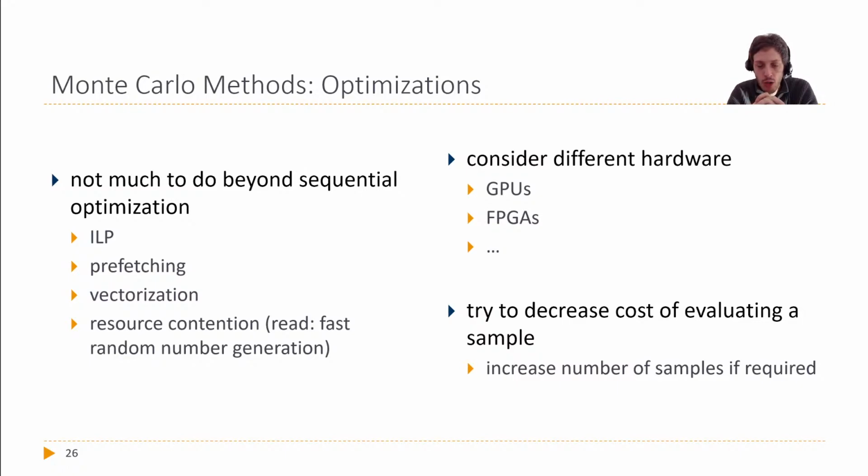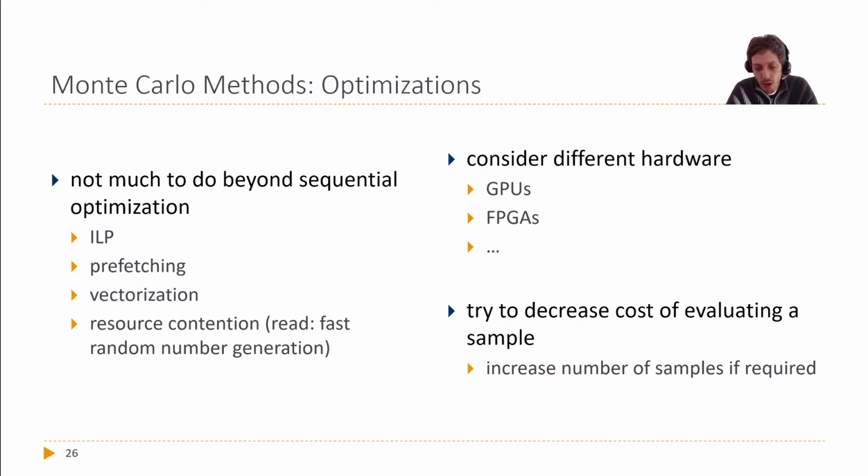And whatever you do, try to decrease the computational cost, whatever that means, time or energy or whatever, of evaluating a single sample. And you could also consider, for example, decreasing the cost of a single sample and making it less robust, so making it less accurate, but increasing the number of samples then.